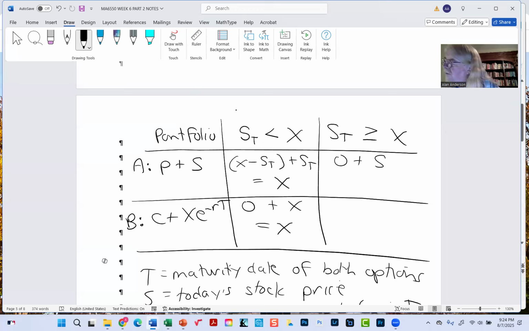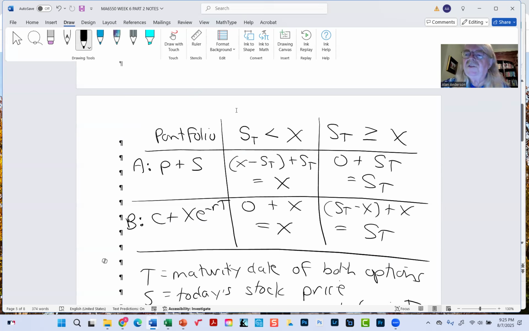Stock is simply worth ST. And down here with portfolio B, the call is exercised, providing a payoff of ST minus X. We don't have to worry about the zero because by assumption, this is a non-negative number. And then the strike price here gives us a total position of ST.